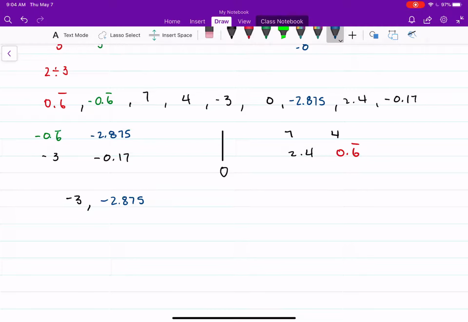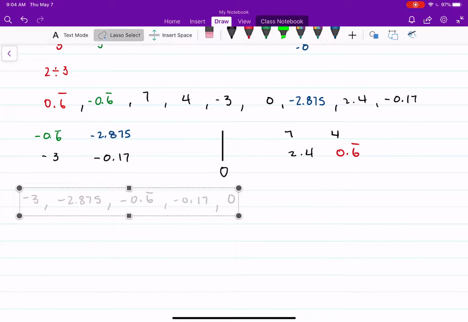And then it's going to be the negative 0.6 repeating. And then it will be the negative 0.17. And then it's going to be the 0, right? So I got the 4 numbers and then the 0, which should be my center. So let's take this and move this to my center. So I got that right there.